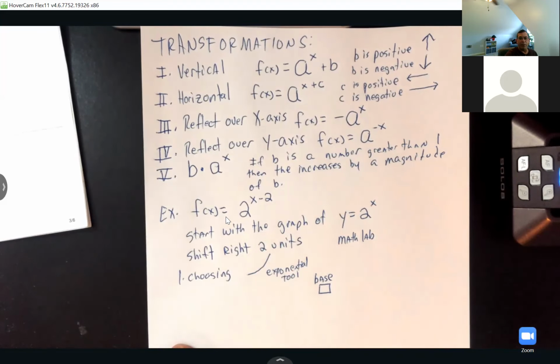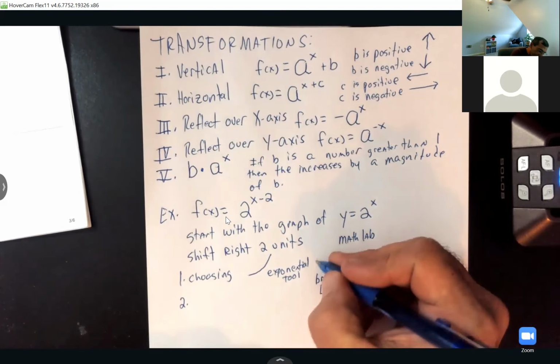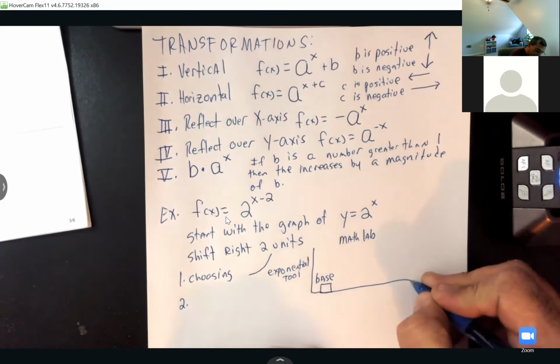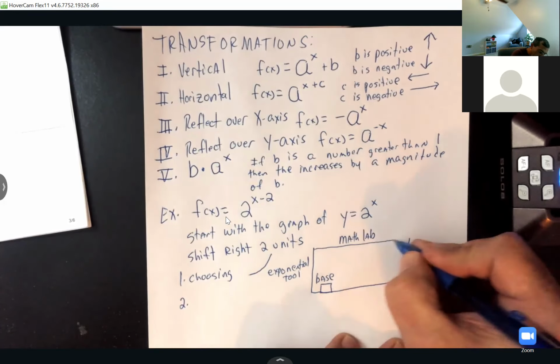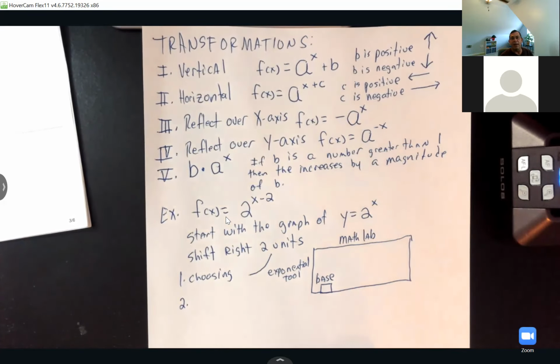Once you choose the exponential tool, click it on the graph anywhere. It don't matter where you click on that graph, it'll put it where it needs to be. It's going to open up a little box over there, just like it did back in chapter 7.